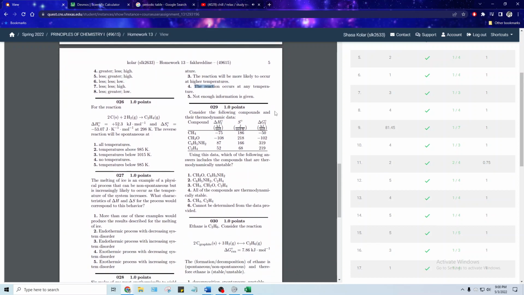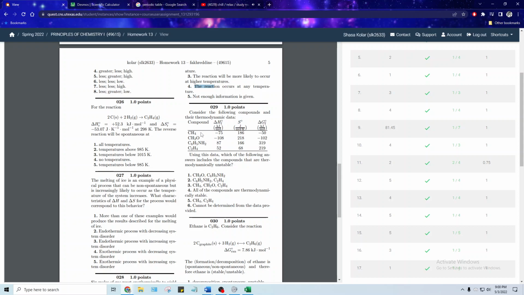29. So according to our chart, when delta H is positive, it is more stable and less likely to spontaneously go away. So it's going to be these two.